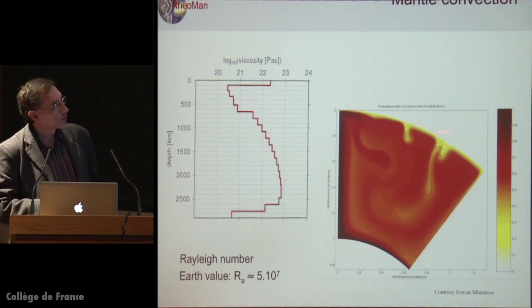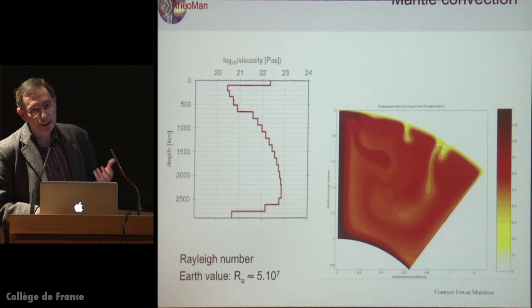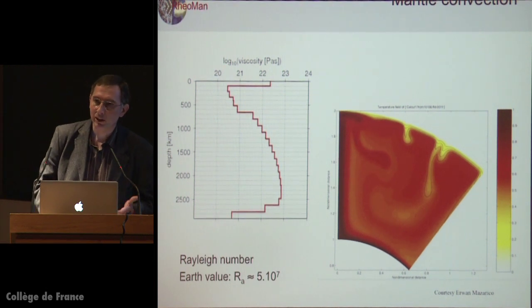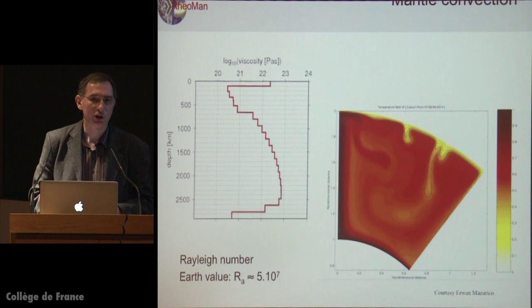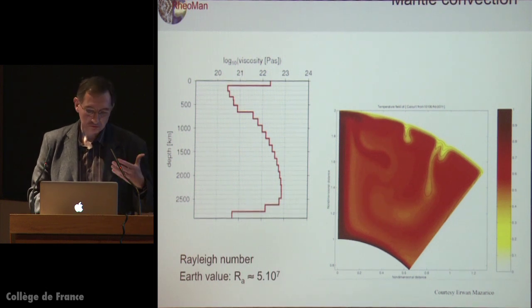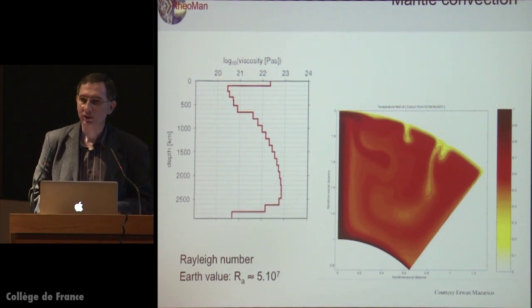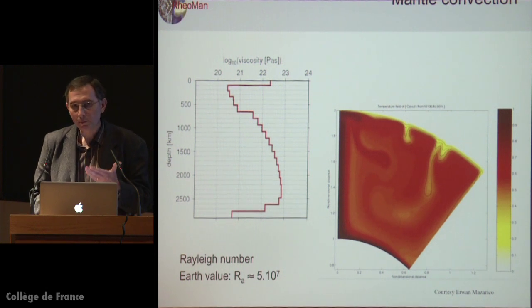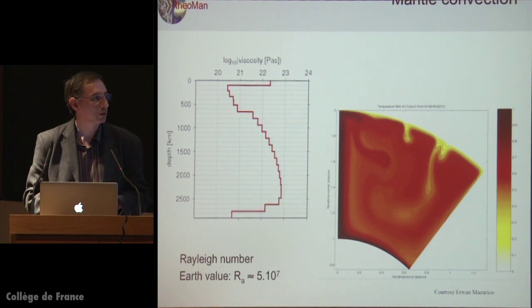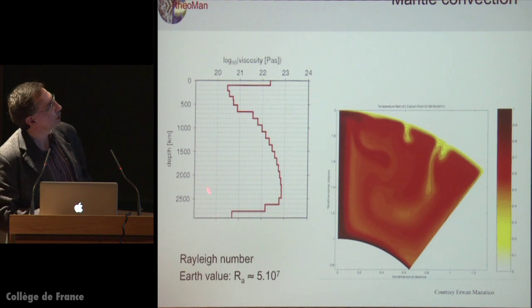And to make those models run, what we need is the behavior of the medium behind. And to give the information about this behavior, we need one important parameter that has been mentioned early by Yannick, which is the viscosity.